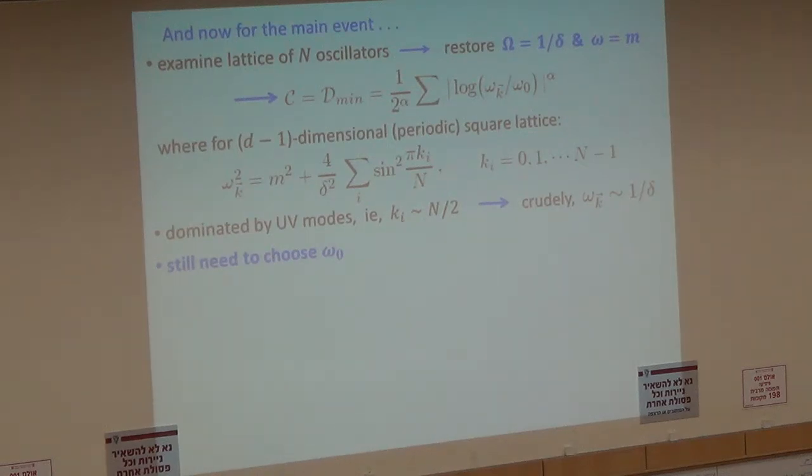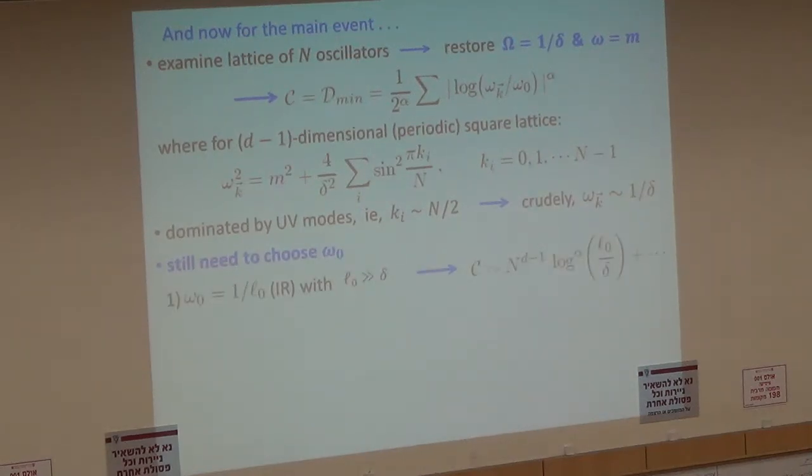And what that means is that most of those normal mode frequencies are up near the cutoff scale. So as a crude approximation to that sum, I'm going to substitute omega as 1 over delta into the sum. That gives me a particularly simple answer, but it's an answer that depends on this omega naught. And so at this point, I want to ask the question, what are we going to do with our reference frequency?